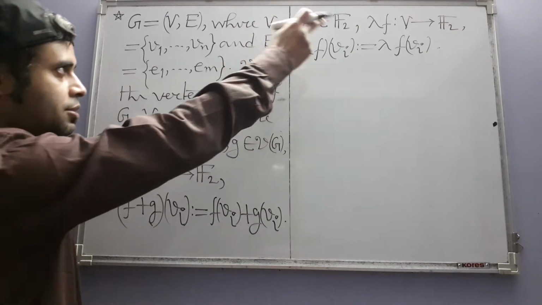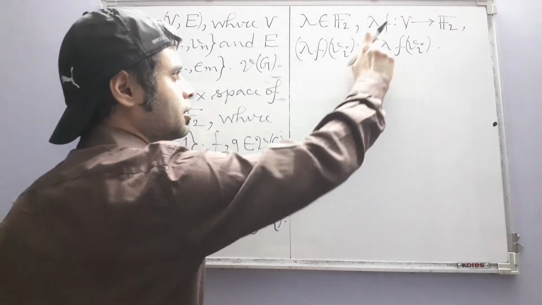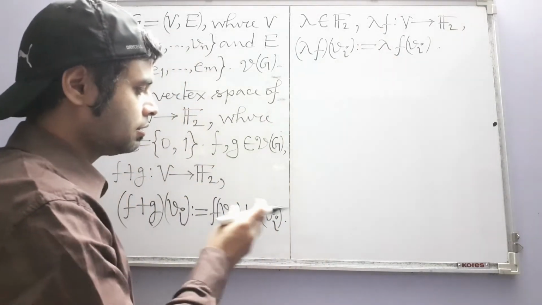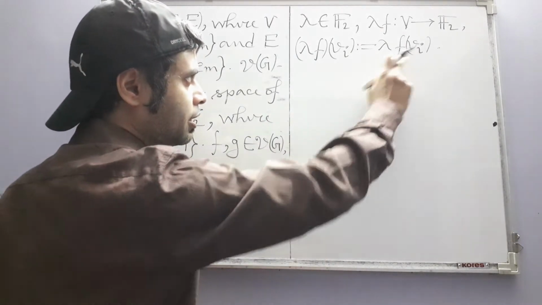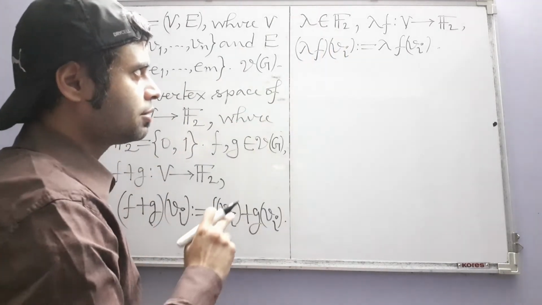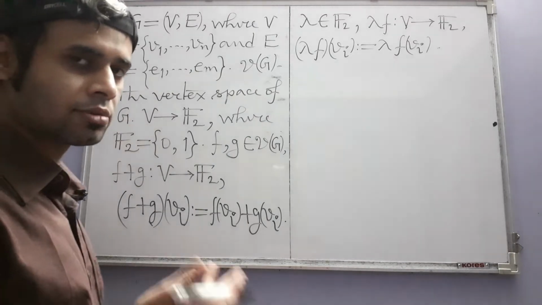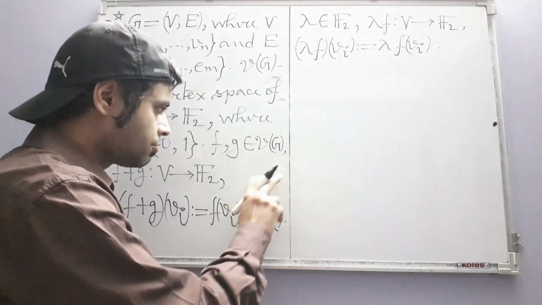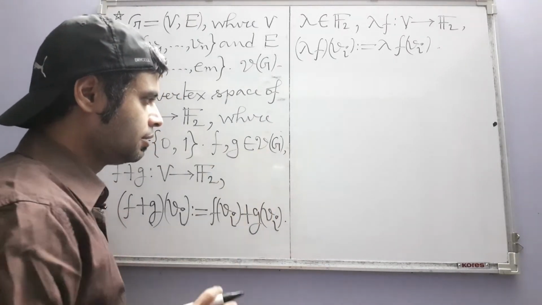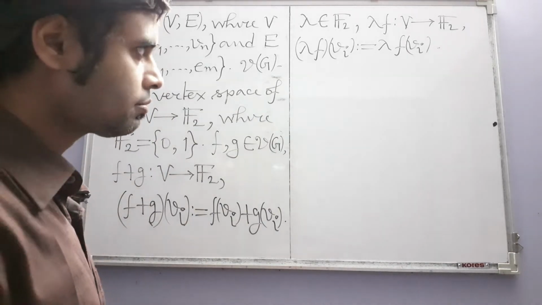Because lambda is coming from F2, f of Vi will be an element in F2, so the product is the multiplication of lambda and f of Vi using the multiplication operation in F2. Now it turns out, we have already seen this, that under these two operations, nu of G forms a vector space over the field F2.